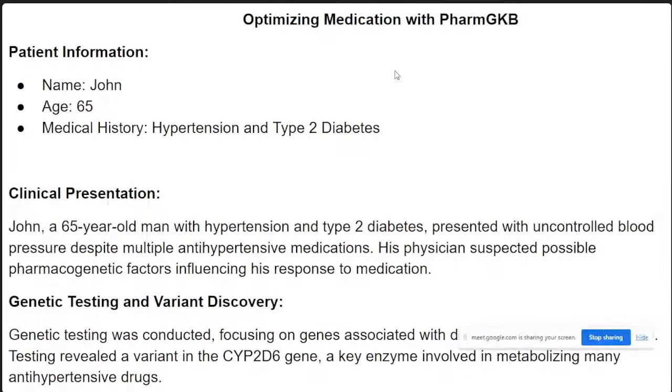Maybe she already identified the variant ID, so she can insert it into the pharmacogenomics database just to be sure that for this particular variant, this is the kind of drug that this patient should be using, not this one, and some other information like that. Though all these things are still a work in progress. Sometimes she may have a variant ID, insert it into the database, and it's not going to work at the end of the day. So this is another case scenario: trying to optimize our medication with the pharmacogenomics knowledge base.